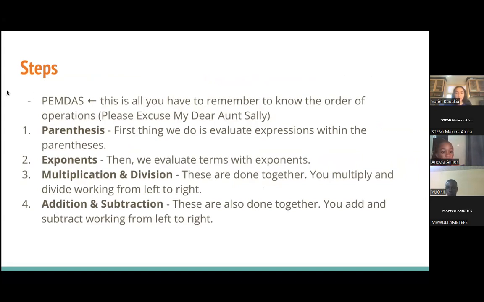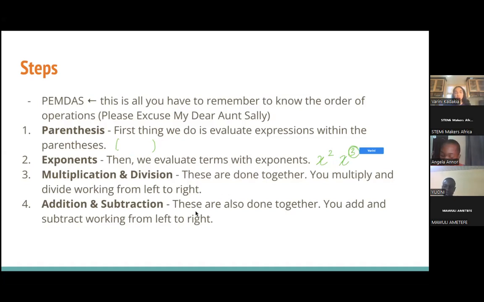Parentheses are the first thing we do when we evaluate expressions, and remember it's something within these brackets. Exponents are the next thing we evaluate, so something squared, something cubed, anything with a power.